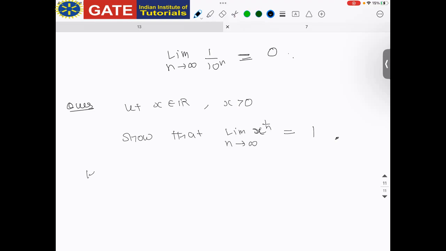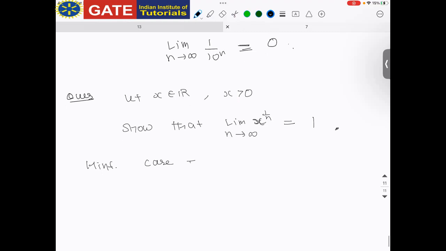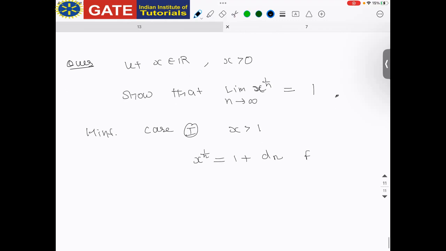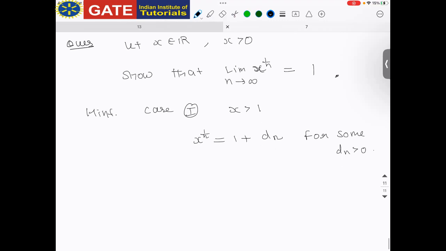Now, let me give you the hints. Case 1: when x is greater than 1, then x raised to the power 1 by n will be greater than 1. So write this as equal to 1 plus dn for some dn greater than 0. You can find dn, right?